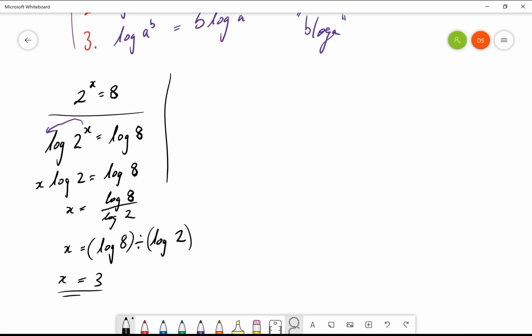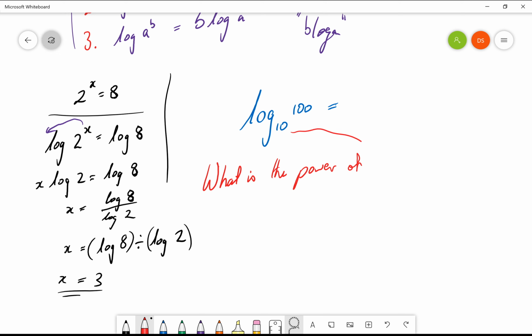Now, here is a log. Log base 10 of 100. What does that even mean? I want to read it like this: what is the power of 10 that gives 100?